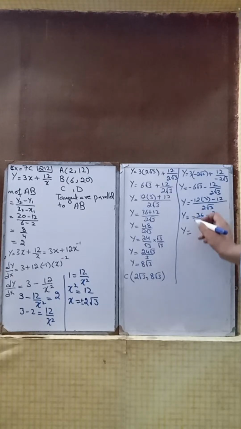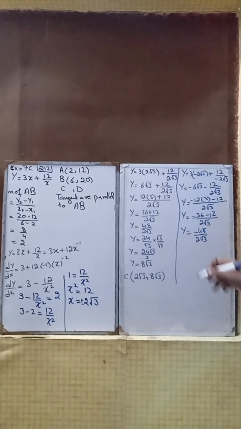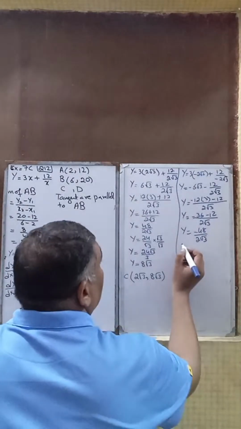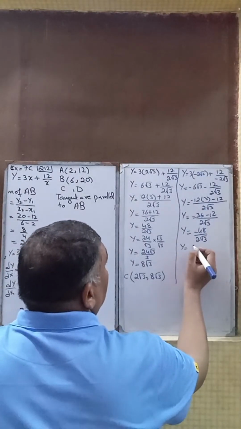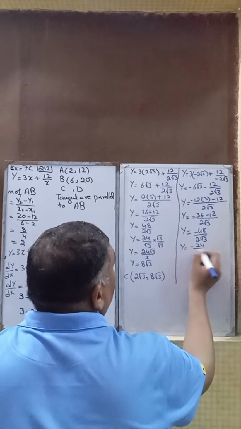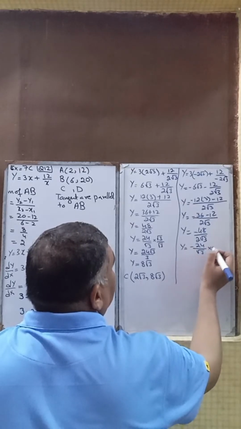So y will be equal to minus 48 divided by 2√3, so y will be minus 24 divided by √3. I will rationalize it.